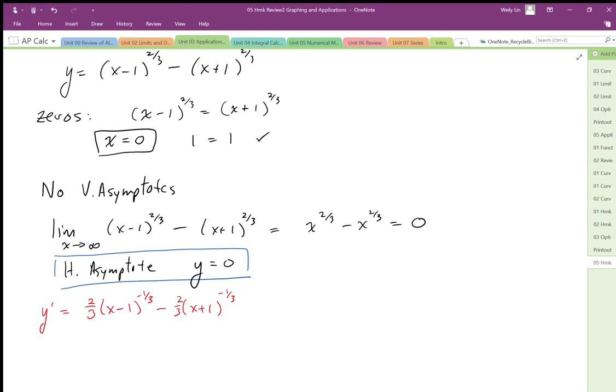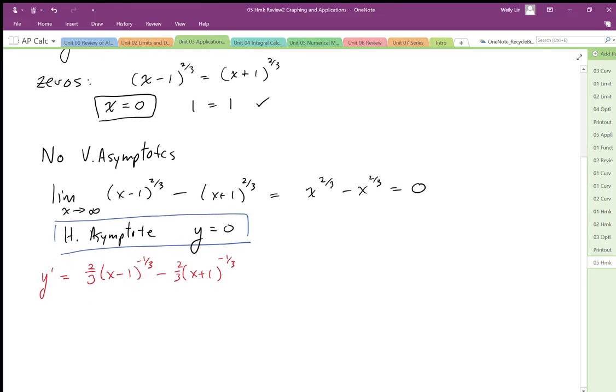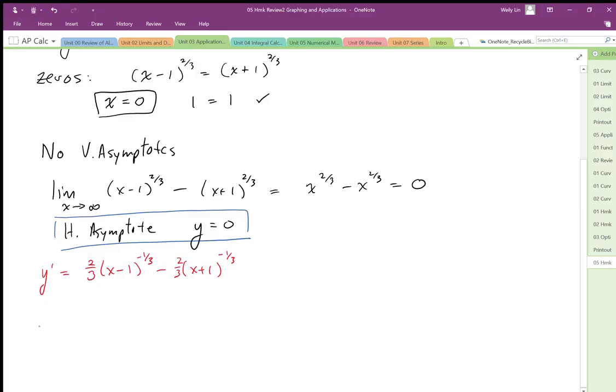Actually, maybe I'll rewrite this first. So y prime is equal to 2 over 3 cube root of (x minus 1) minus 2 over 3 cube root of (x plus 1). So we need to state our restrictions that x cannot equal plus or minus 1.